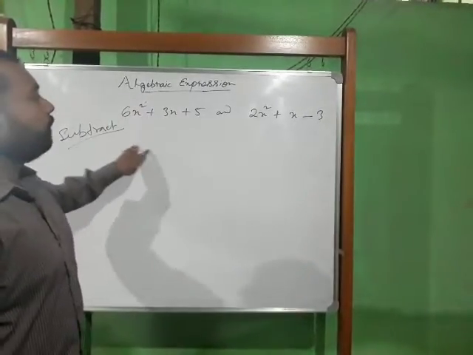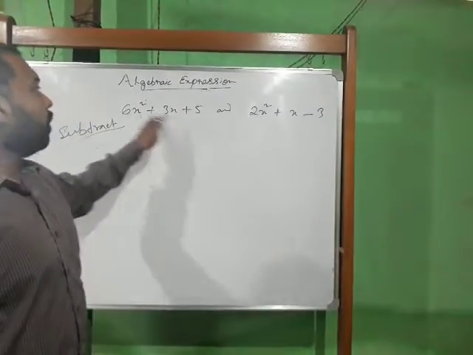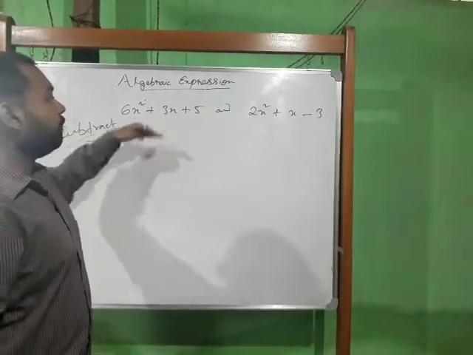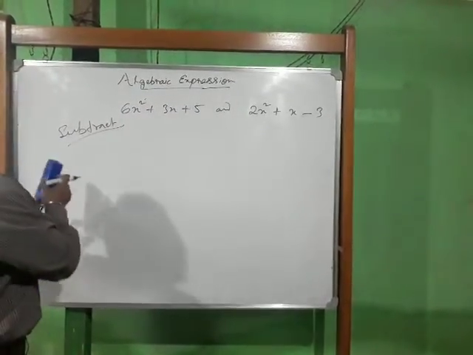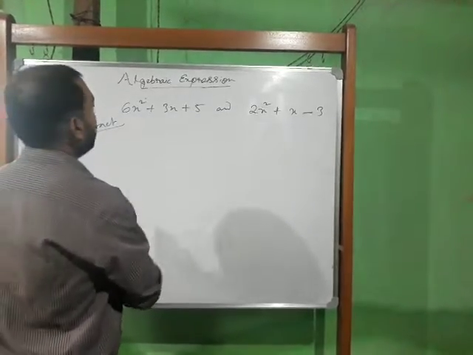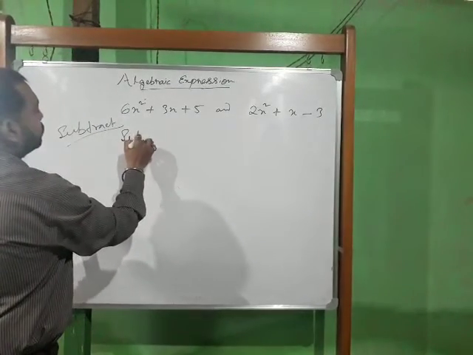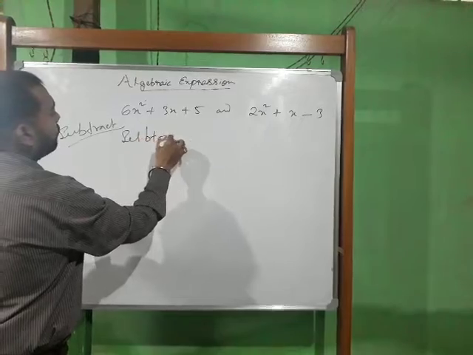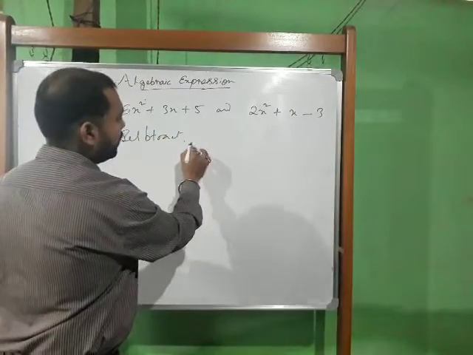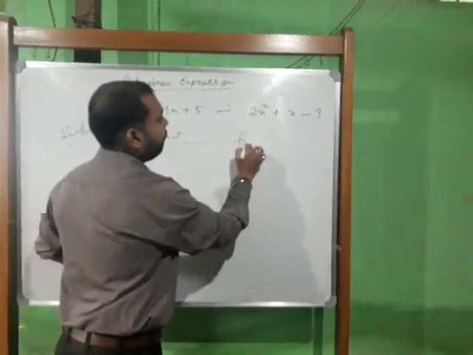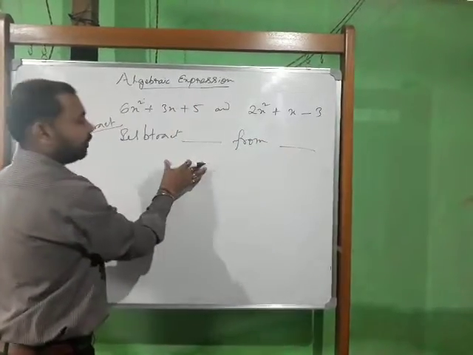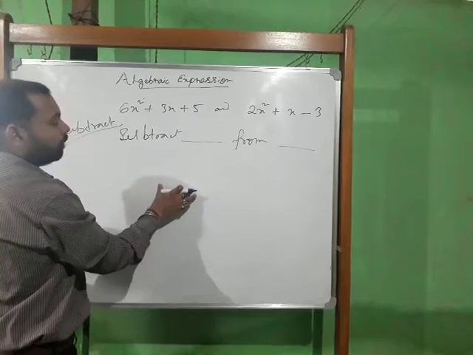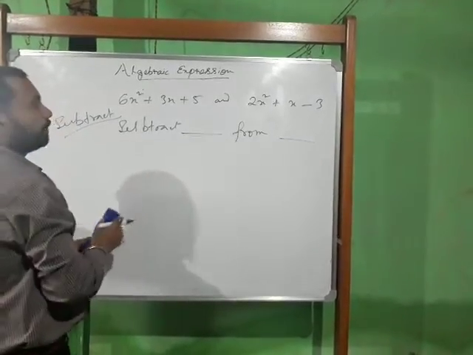If one polynomial is given and the question says subtract this from this, then the 'from' part will come at the top and the other part will come at the bottom. So in that way we subtract.